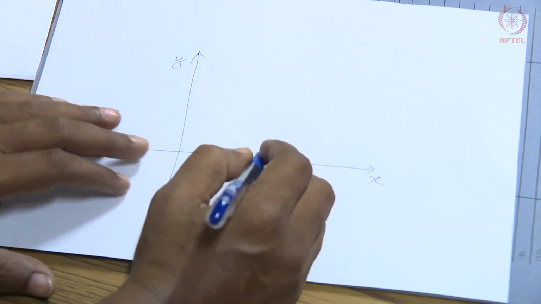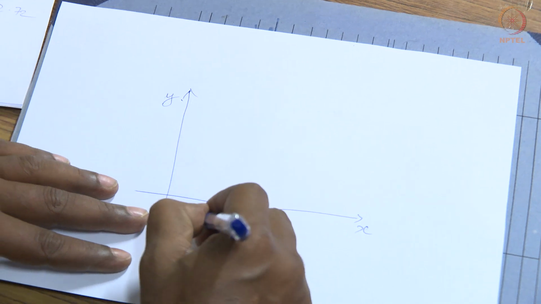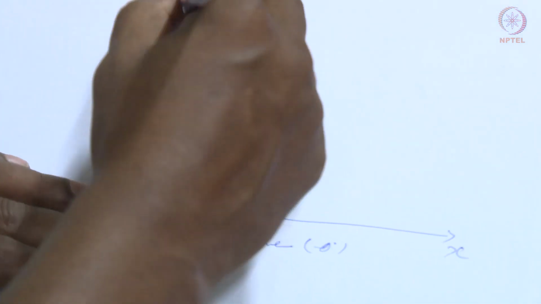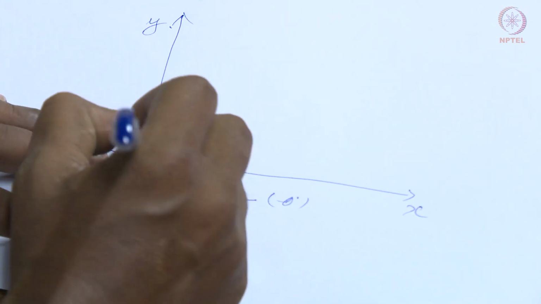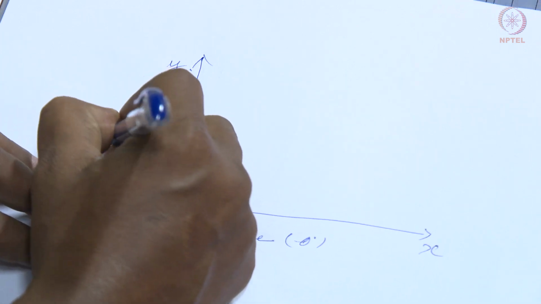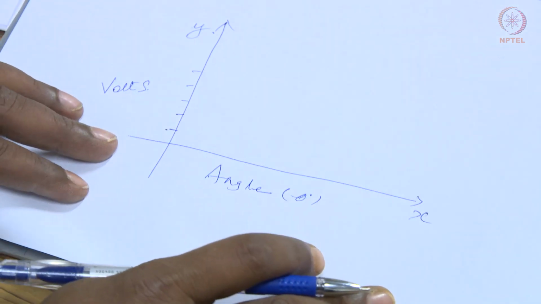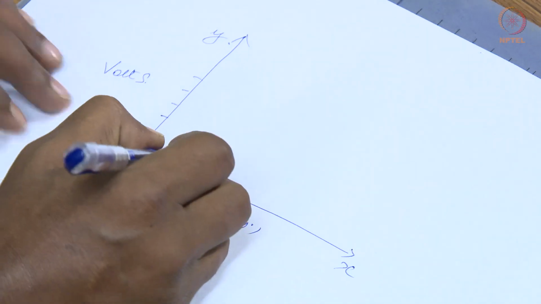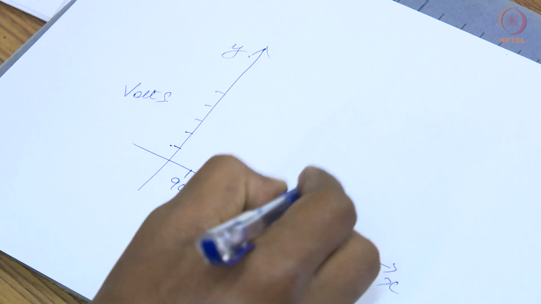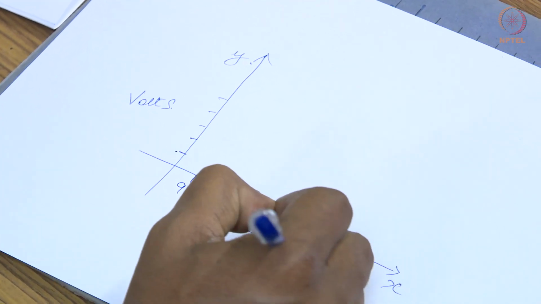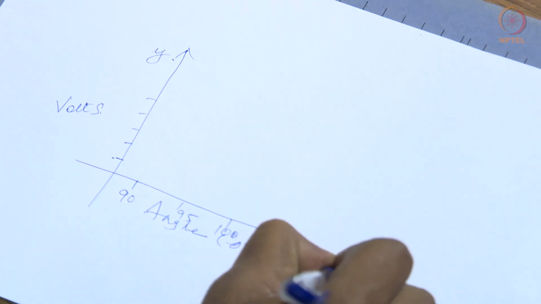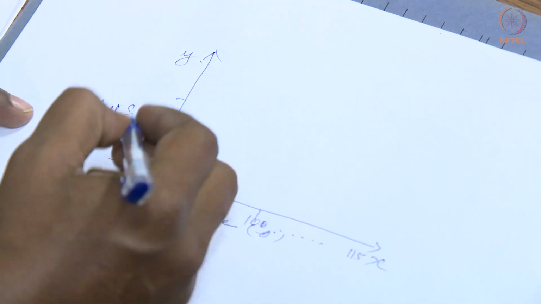The x is the input, the angle in degrees, and on the y we feed the voltage in volts. Here we started with 90, 95, 100, until 115. In volts we start from 0.